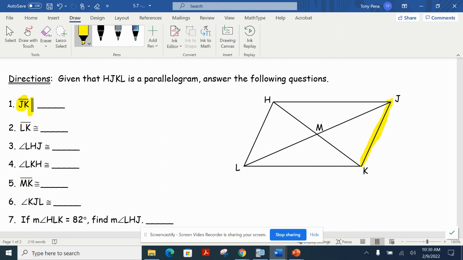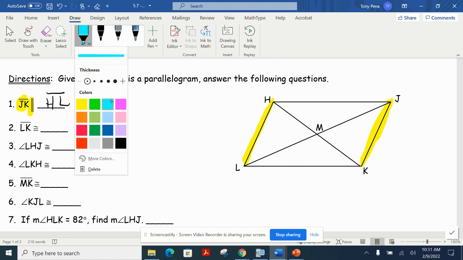Which side is JK going to be parallel to? HL. All right, this is what it's parallel to. So you're going to write that in. So you're going to put HL. You do need to put the line segment symbol above it, but those are our parallel sides. That's what JK is parallel to.